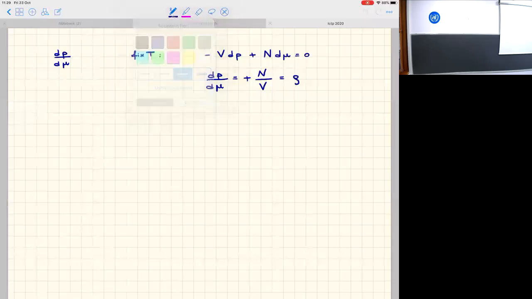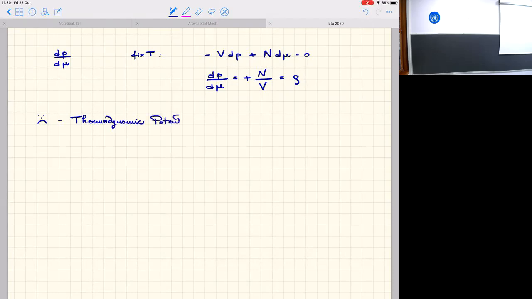And now we go to the thermodynamic potentials. Hopefully by the end of the lecture, you will understand why they're used.